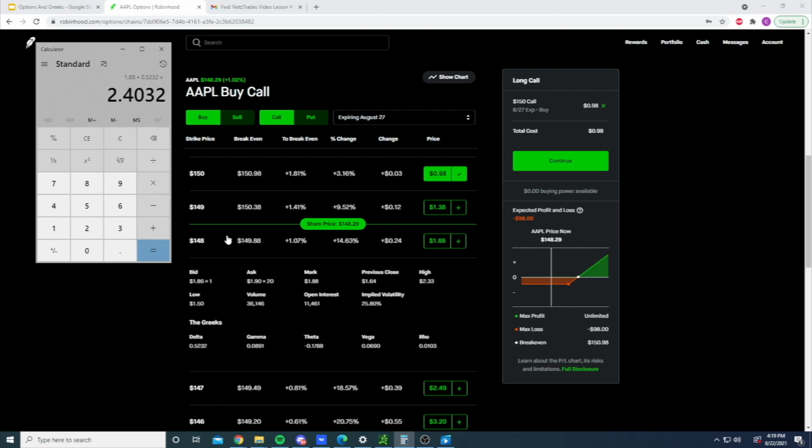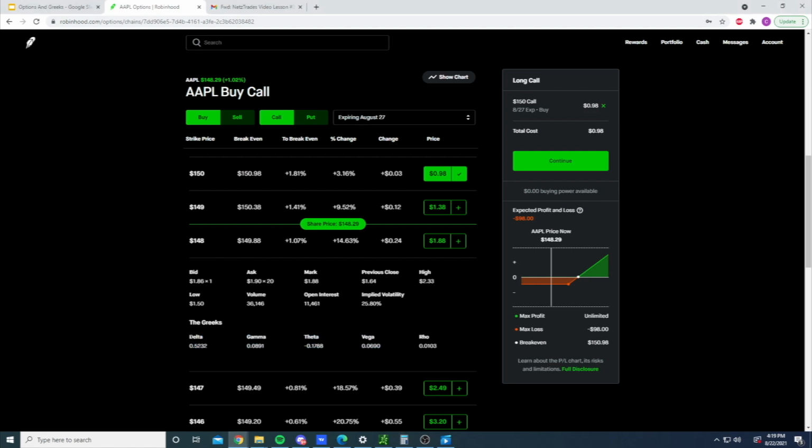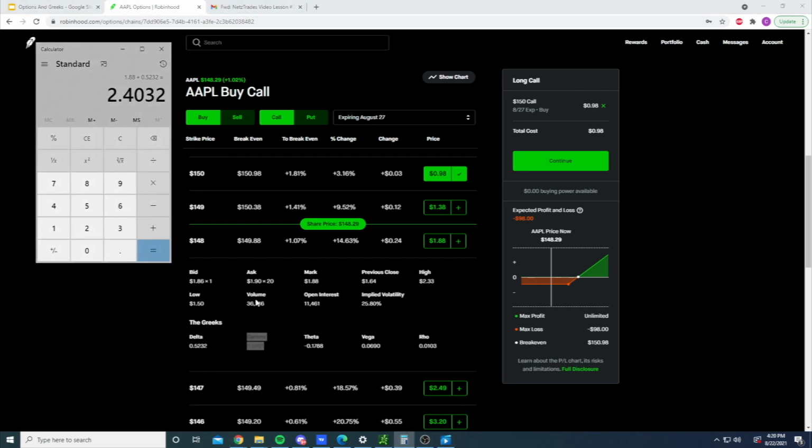But for this specific 148 contract, that moves it from at the money to in the money, meaning that since it's going deeper in the money, the delta will increase. And how much will the delta increase? It will increase by the gamma. Currently, while the Apple contract is at the money, the delta is 0.5232. But when it goes deeper in the money, the gamma will be added to the delta.